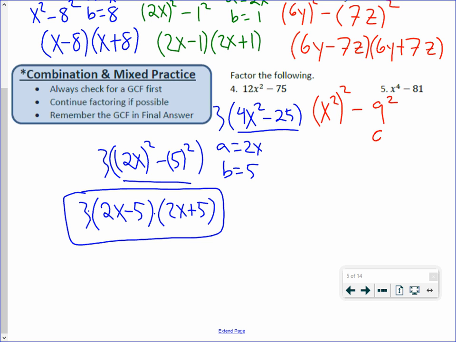So what we can say is a will be x squared, b will be 9. So now we're going to factor this out, and when we do, remember it's a minus b multiplied with a plus b, so x squared minus 9 multiplied with x squared plus 9.